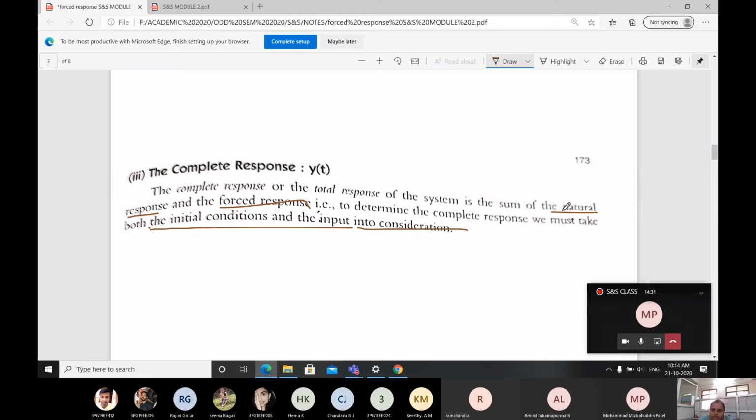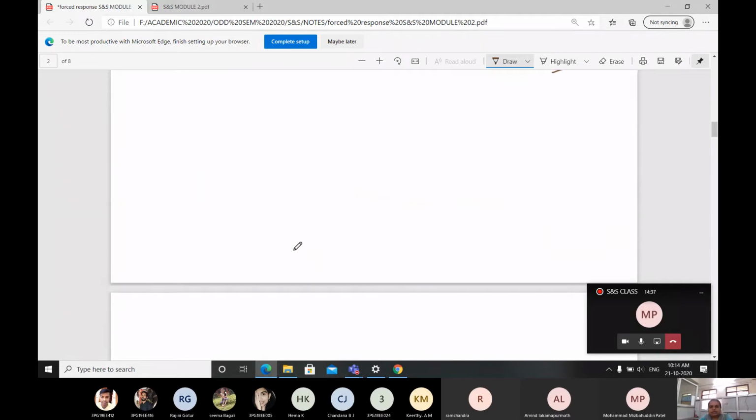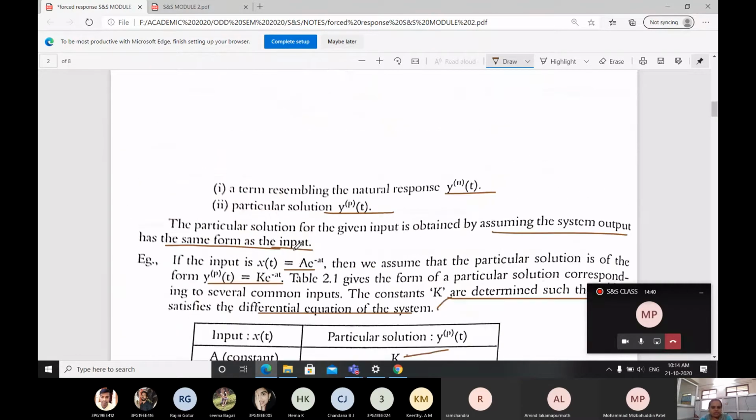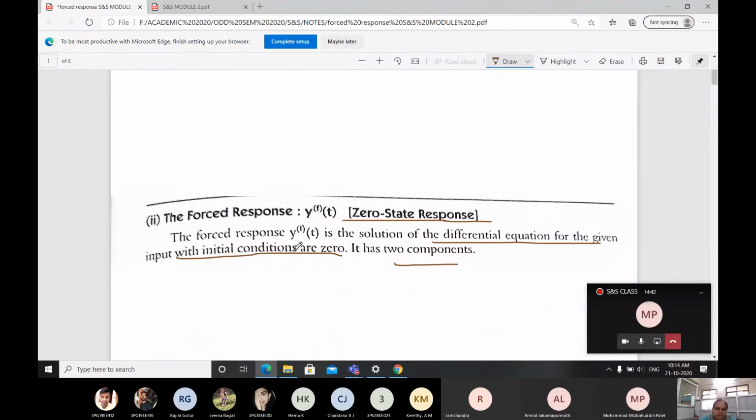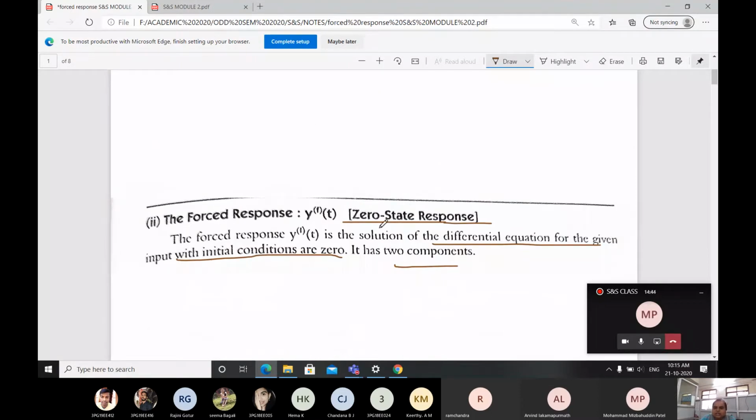We have to find the natural response and also the forced response. Now we will solve the problems. We solved problems based on the natural response; now we will go for the forced response, that is, the zero state response.